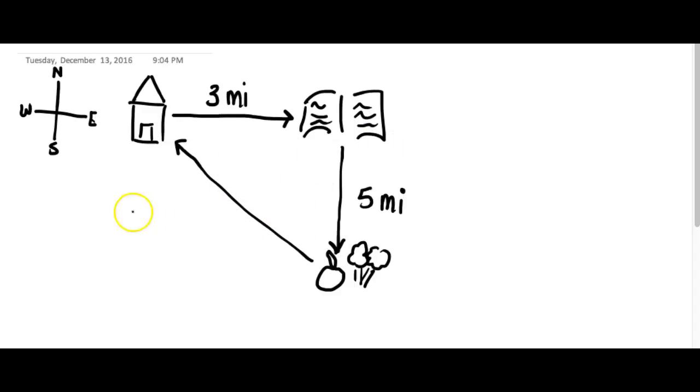But, as you can see, this is a right triangle. I don't know the distance. If I were to go all the way back, that means that from here to here, that's 3 miles. From here to here, this is another 5, so that's 8 miles. I would have to go back 8 miles. How much shorter would it be if I just could cut through everything and go diagonally?